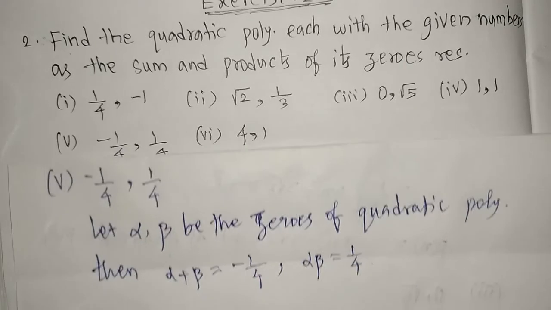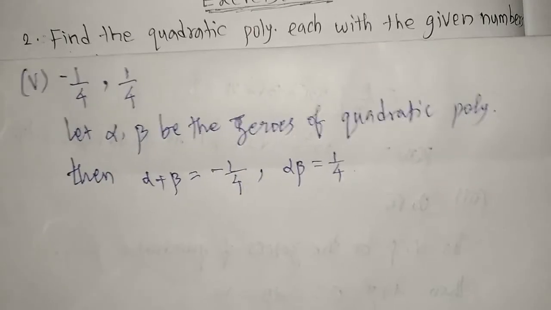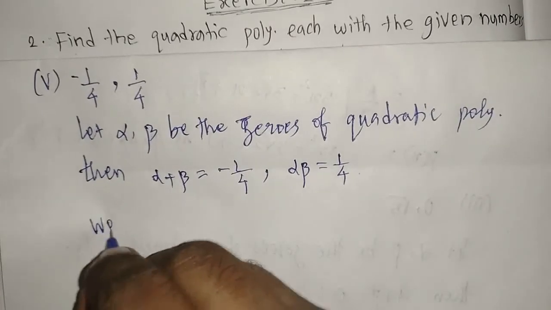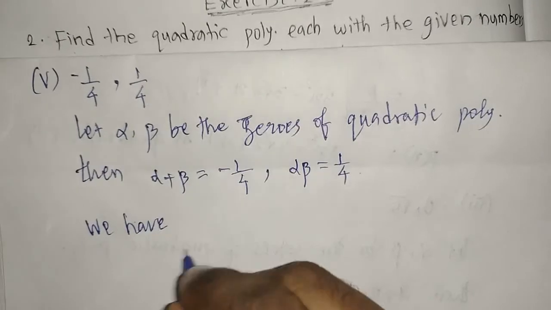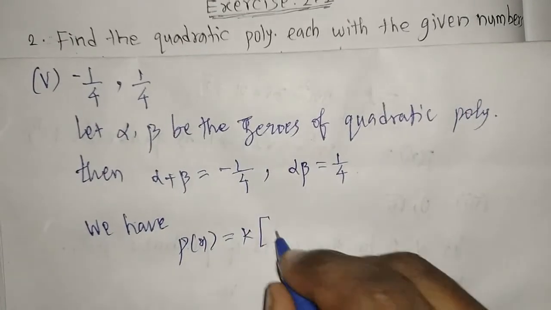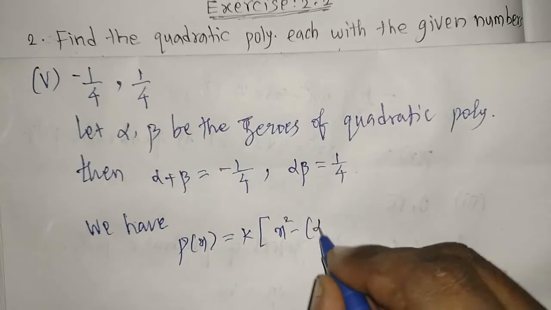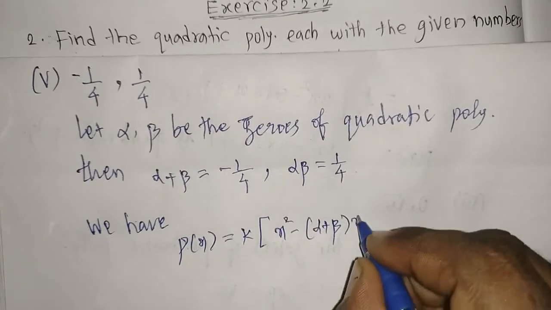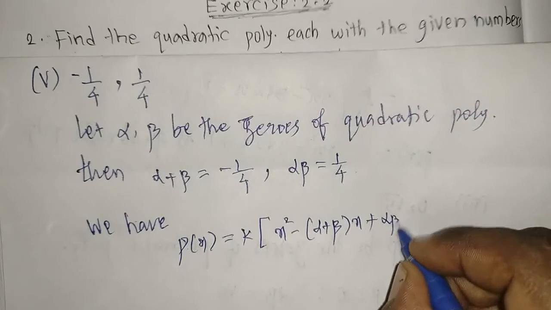After that we have to write the standard form of the quadratic polynomial. So we have the formula p of x equal to k into x square minus alpha plus beta into x plus alpha into beta.